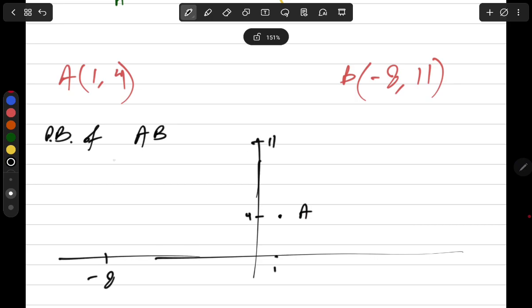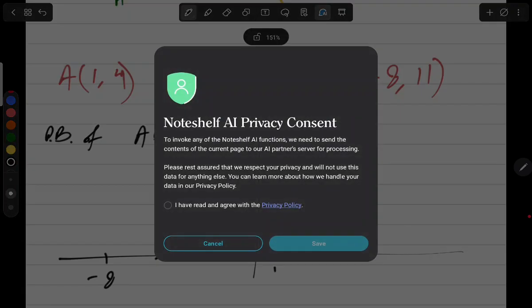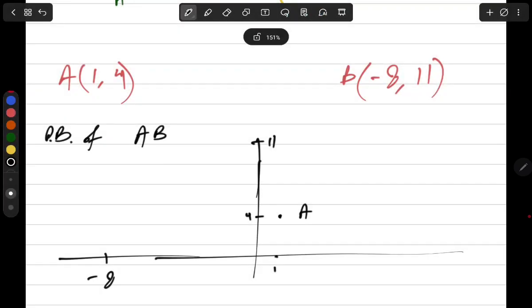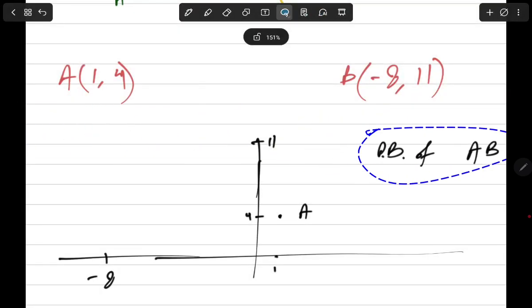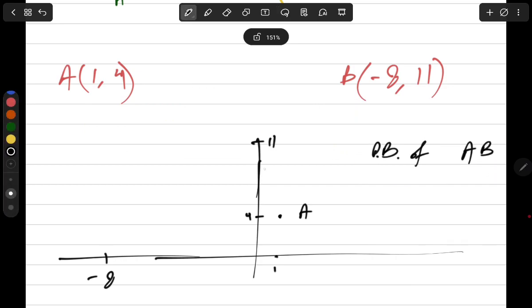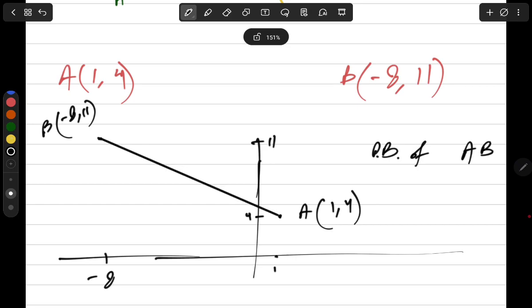Let's say this is 11. We may have to move it up. Yeah, we certainly do. Okay, so this is point B, which is minus 8 comma 11, and this is A, which is 1 comma 4.